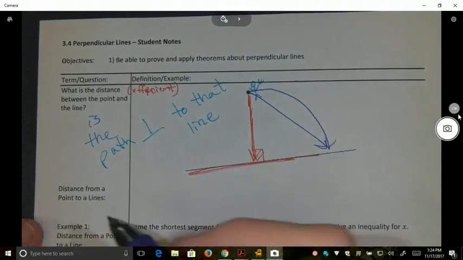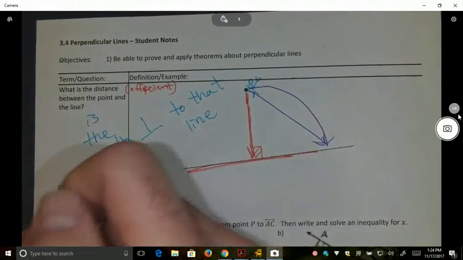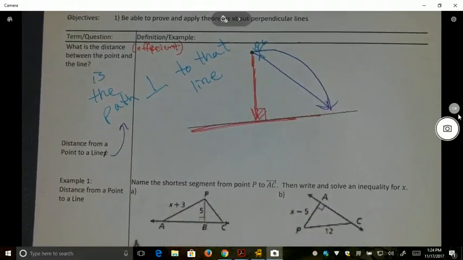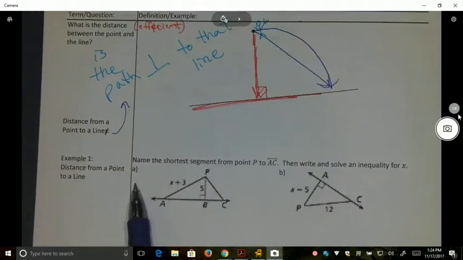And that's actually the distance from a point to a line, is the path that's perpendicular to that point.